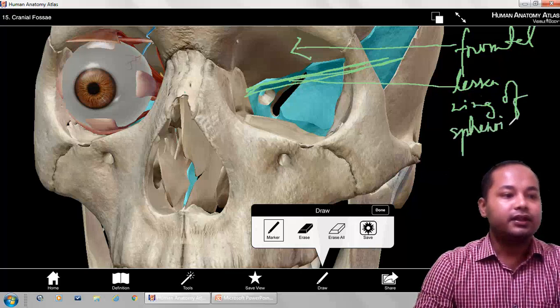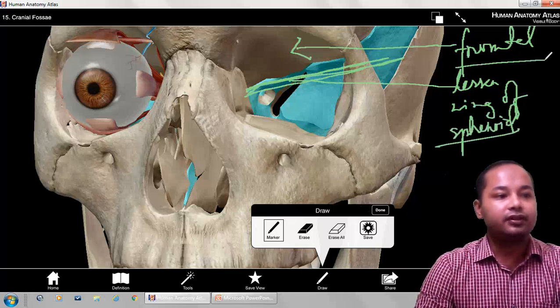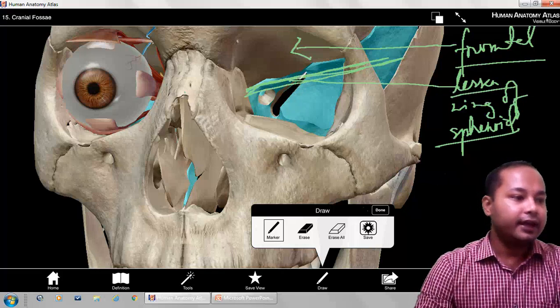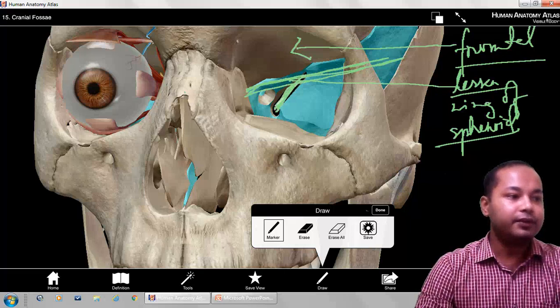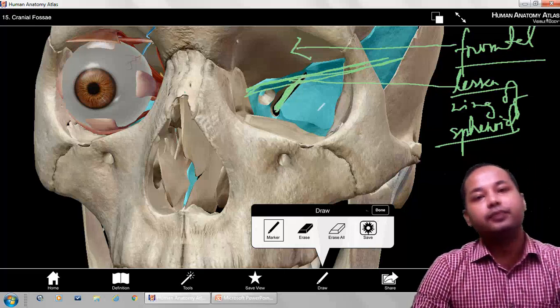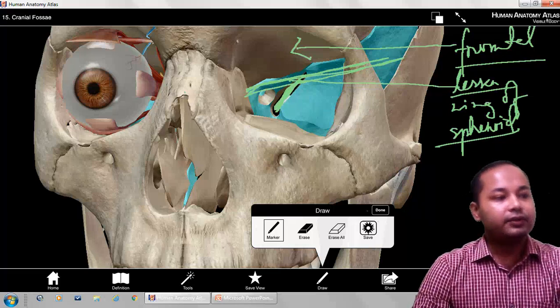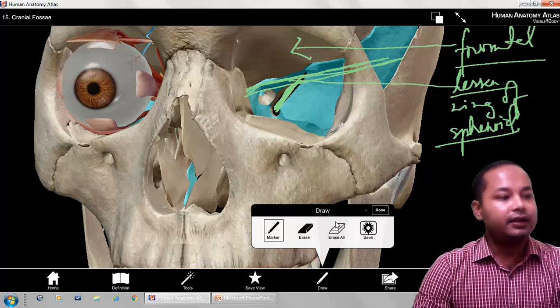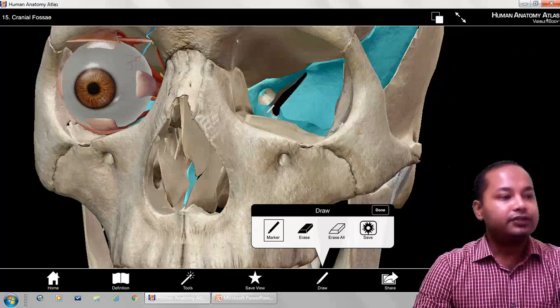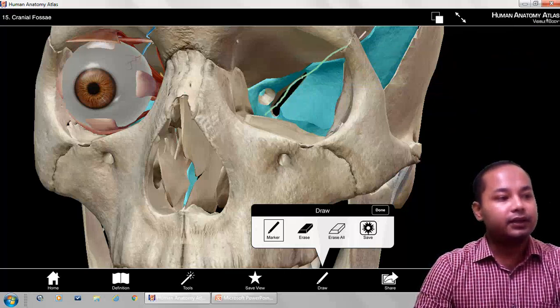So the thing which makes up the roof is actually the frontal bone and the lesser wing of the sphenoid. And the moment you see this gap, this is the superior orbital fissure. That means the roof has ended. So the margin of the roof is constituted up to the upper part, that is the frontal bone.